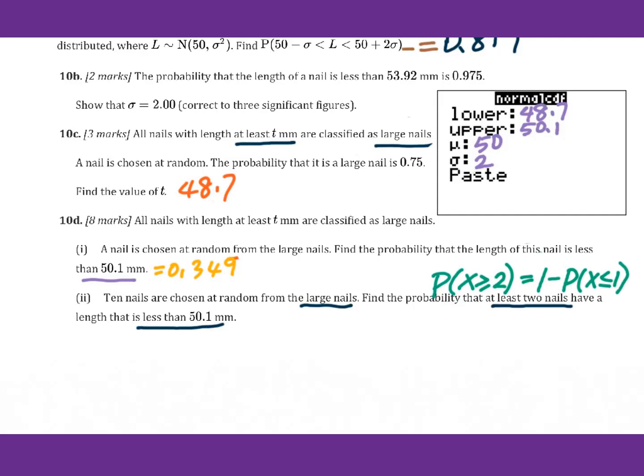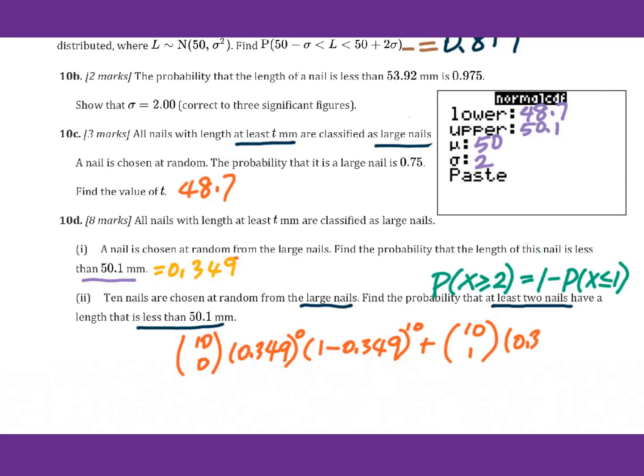You can use a formula: 10 choose 0, 0.349 to the 0 power, and 1 minus 0.349 to the 10th power, plus 10 choose 1, 0.349 to the first power, and 1 minus 0.349 to the 9th power. You put it into the graphing calculator, then you use 1 minus this number.